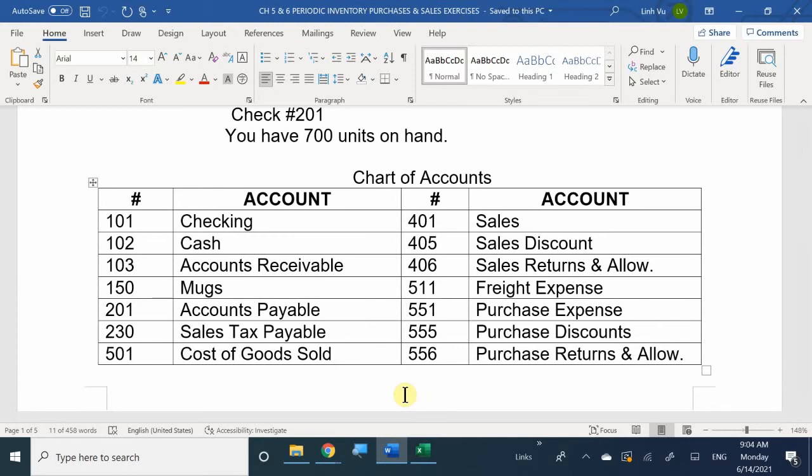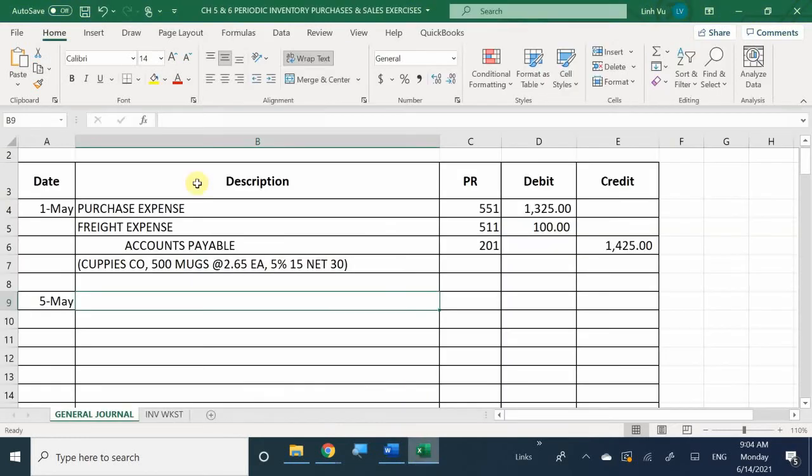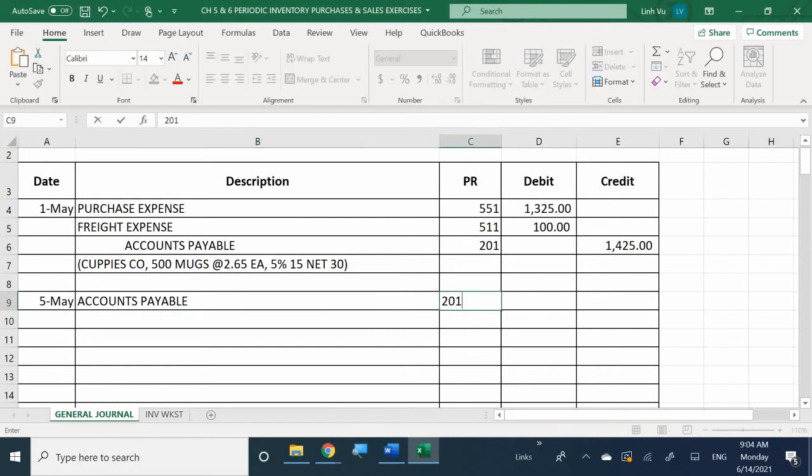Accounts payable, right? Because how did I pay for the items? I didn't. I owe it. So in this case, they're going to reduce the amount that I owe, which is account number 201.